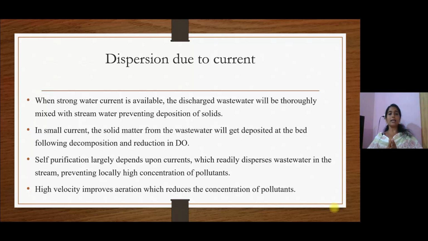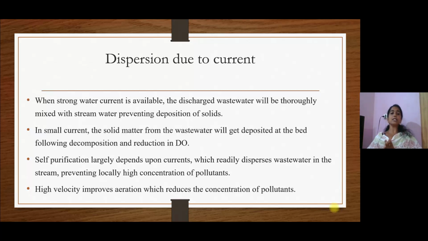In a small current, the solid matter from the wastewater will get deposited at the bed of a river or stream, and it will reduce the dissolved oxygen content at that location. Then it will reduce the decomposition of organic waste present in the wastewater, and it will create nuisance, and it will be a threat for the aquatic life.